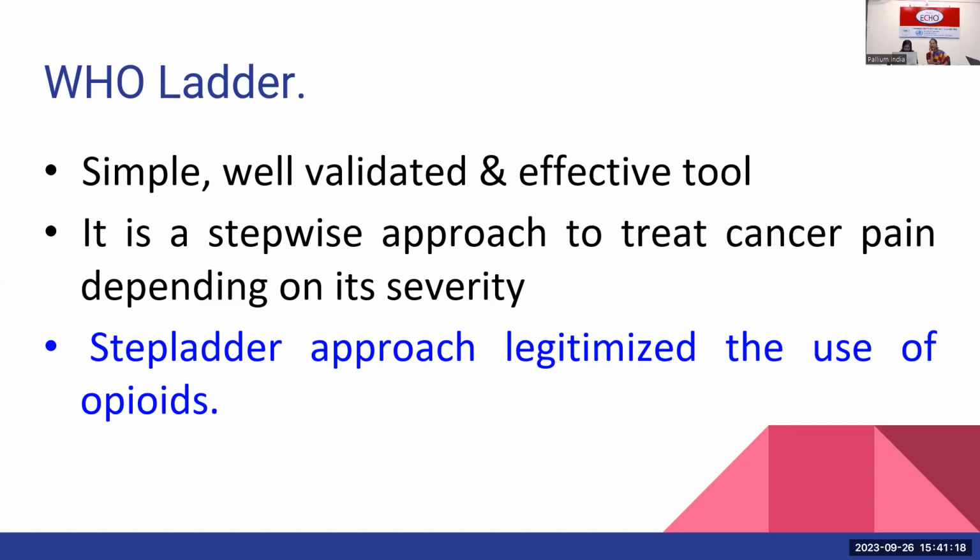So all the ideal points needed are covered, and it is a stepwise approach so that you know where to go. And what we saw so far, our assessment, is going to help. The intensity of pain is what helps us use the ladder and treat the patients. This also legitimizes the use of opioids in pain management.